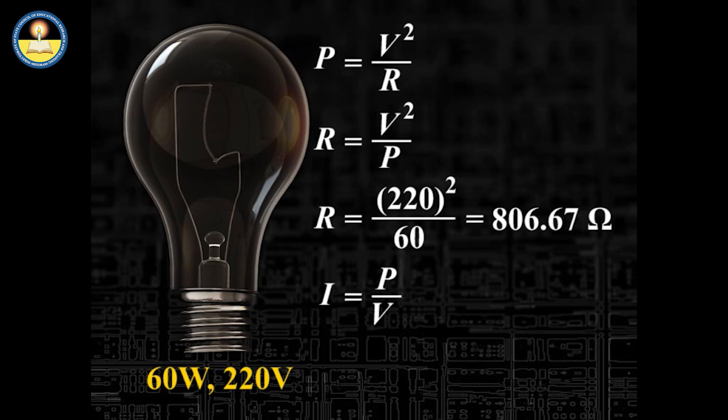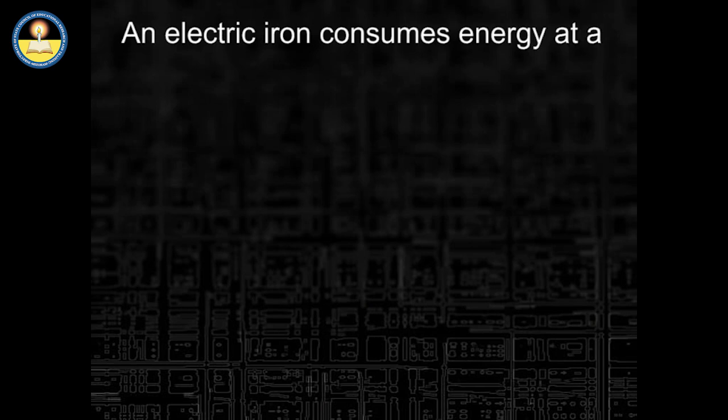Let us see some advantages of mixed combination of resistors. If there are more than 2 bulbs, then some can be connected in series and others in parallel. This circuit is neither simple series nor simple parallel.